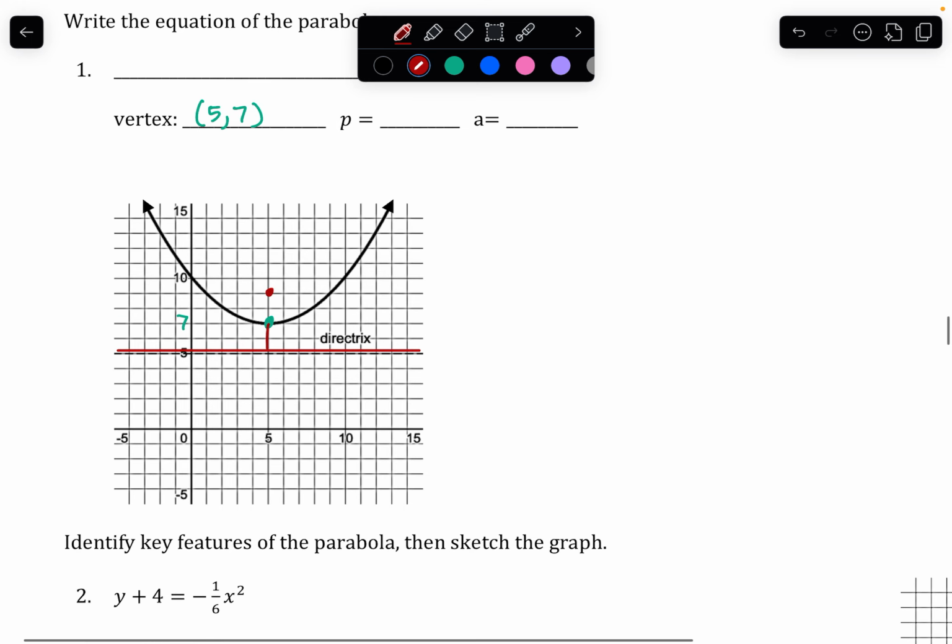That means my focus would be 2 away as well. Because it's going up 2 to get to the focus, we know the p-value is 2. To find the a value, we just do 1 over 4p, which is 1 over 4 times 2, which is 1/8.